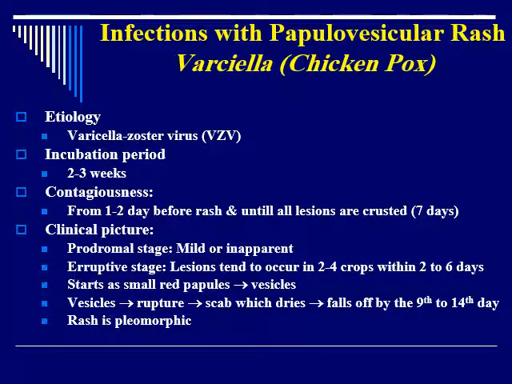Lesions or skin eruption of chickenpox appear first on the trunk and spread to the face and the extremities, what we call centrifugal in distribution.